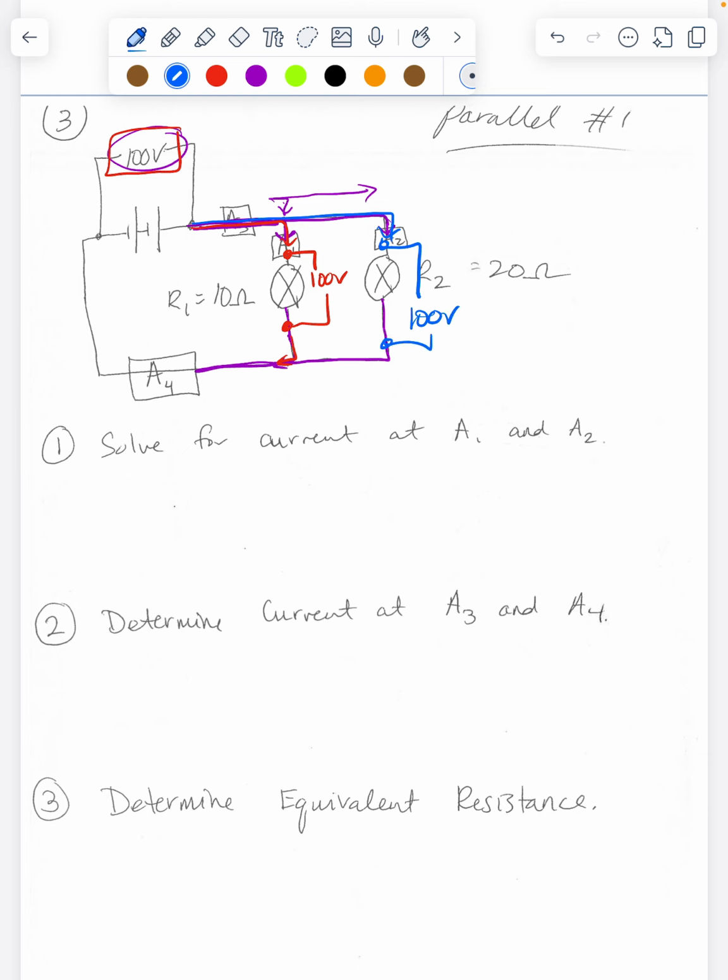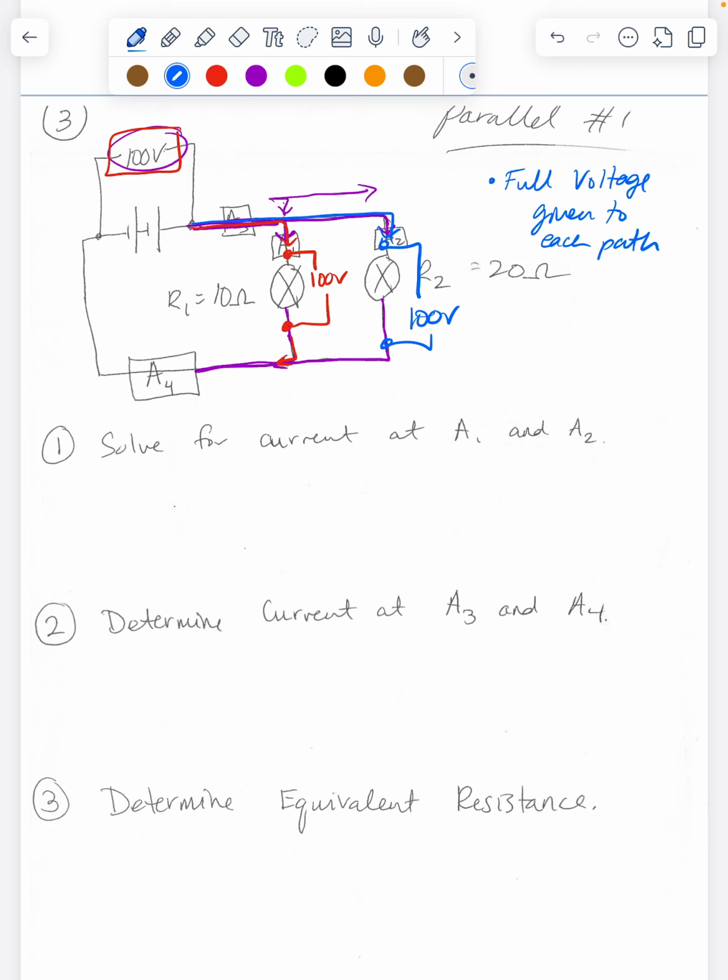So the voltage given by the battery is not split across the two paths. The full voltage is given to each path, at least in this kind of setup where it's quite simple and there's really just two light bulbs. There are more complex setups where that statement isn't true, but for now, that's fine.